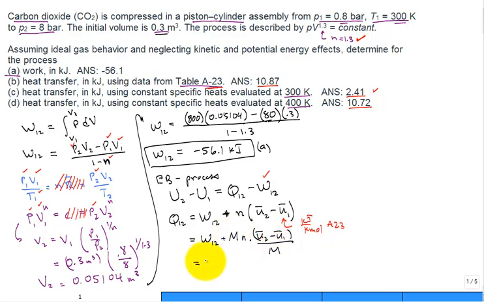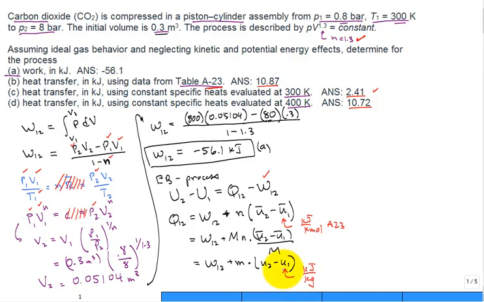This converts to work 1 to 2 plus the mass times U2 minus U1, where U is the specific internal energy in kilojoules per kilogram.